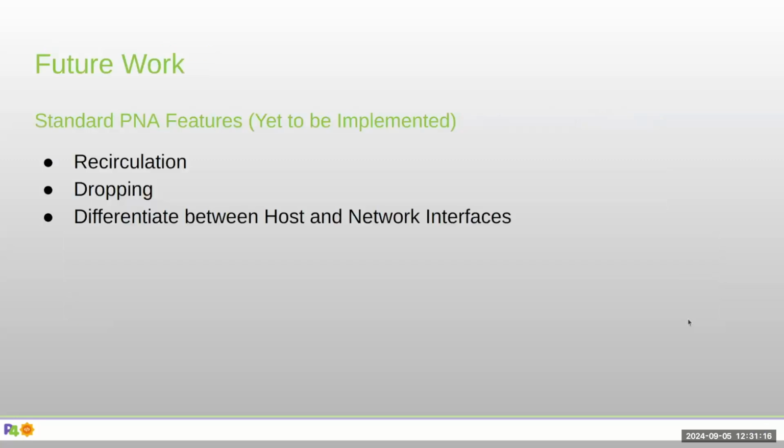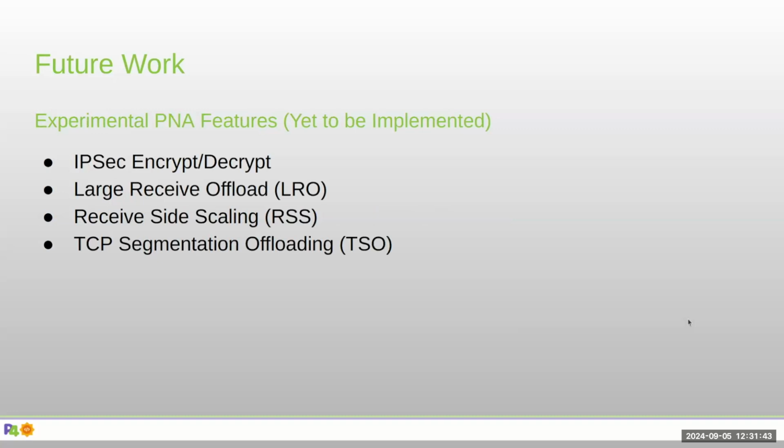Then the future work: there are still a few standard PNA features that are yet to be implemented in our new PNA target, such as recirculation, dropping, and differentiating the host and network interfaces. I'm still planning to implement these features, and some other experimental PNA features.